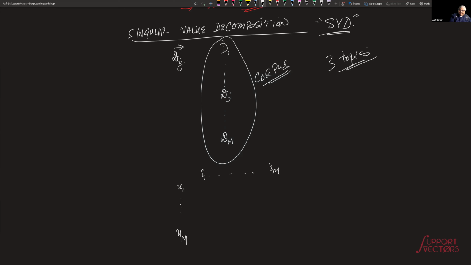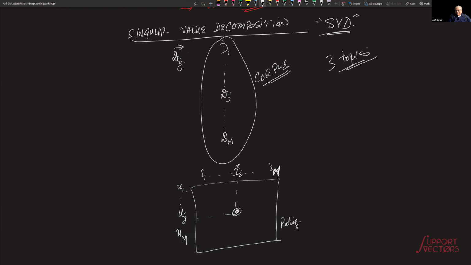You remember that recommender systems are based on this: user i has purchased item j, and this is the rating. This used to be the rating matrix. If you remember, we covered this in ML200. If you have forgotten, that's all right.